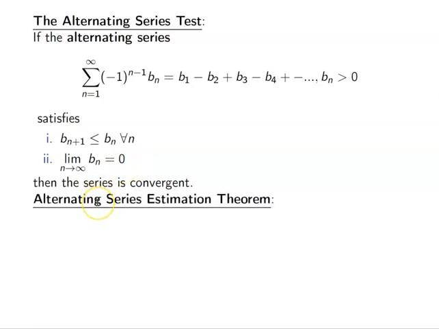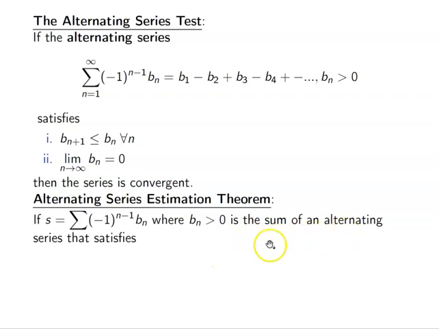Okay, so let's look at the alternating series estimation theorem. This is basically saying that if my series is convergent and it converges to a sum, s, where the terms b_n are always positive, and my alternating series satisfies the conditions given above, basically that each term is smaller in value than the one before it and that the limit of the sequence of terms goes to 0.